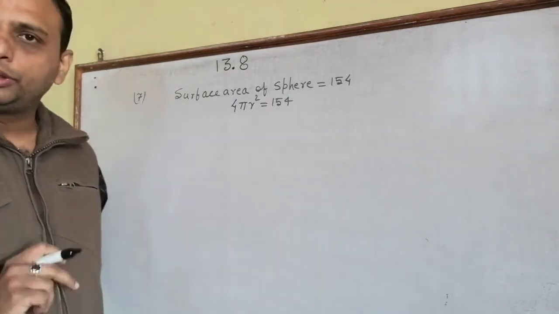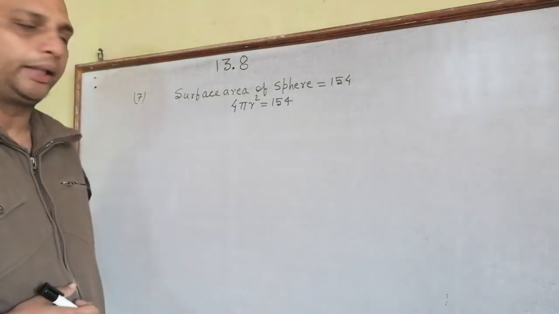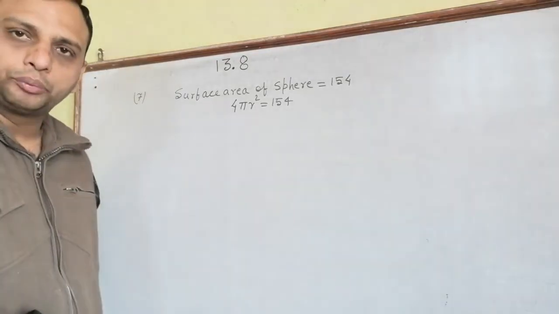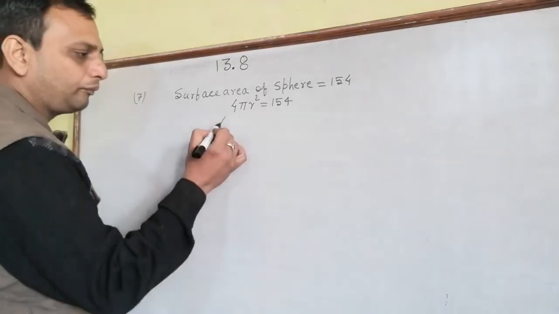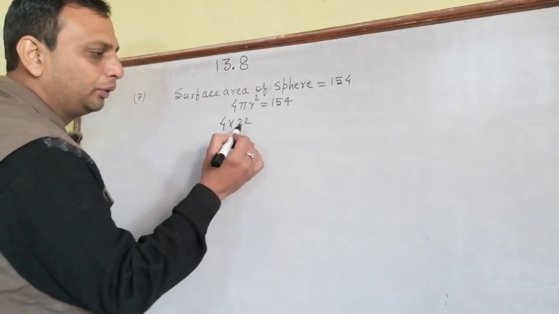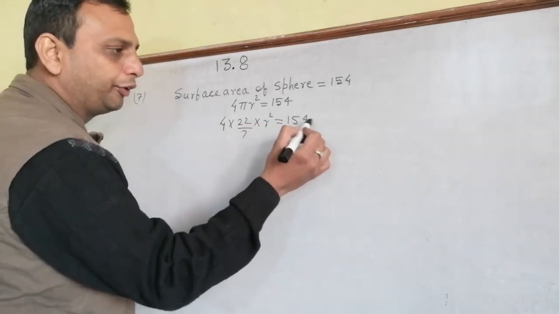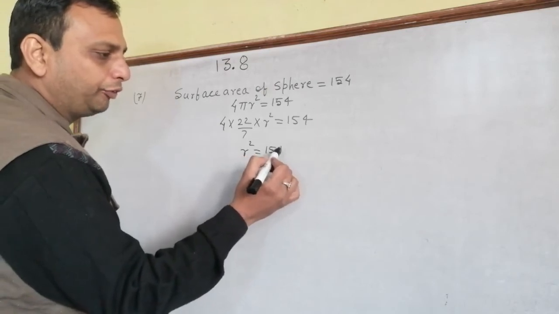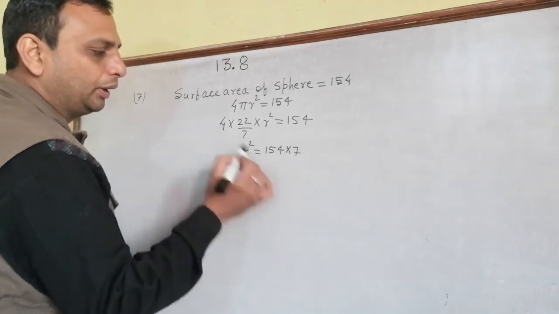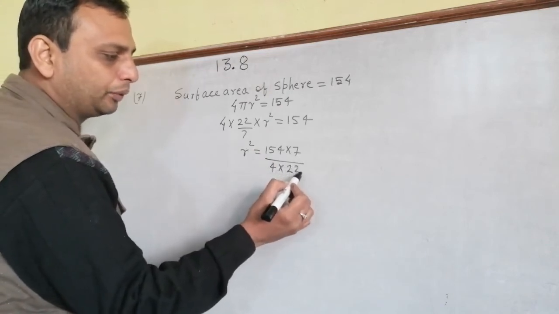To find the volume of the sphere we need a radius. So first, with the help of the surface area of the sphere, we will find the radius, then we can find the volume of the sphere. Now the surface area is given, this we will put in the formula: 4 into 22/7 r square is equal to 154. So r square is 154 multiplied by 7 and 4 divided by 22.